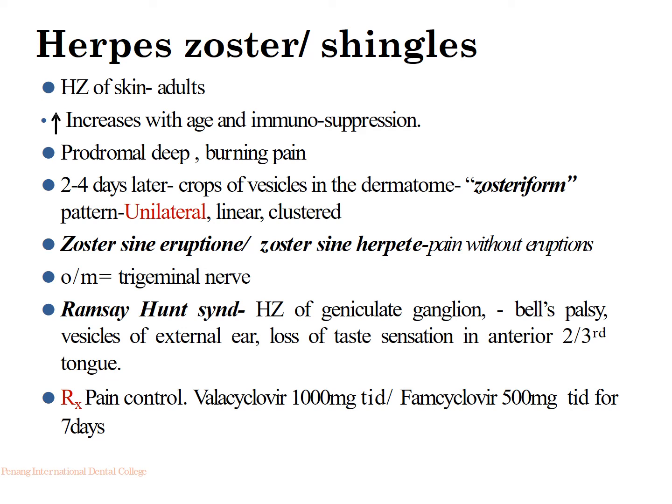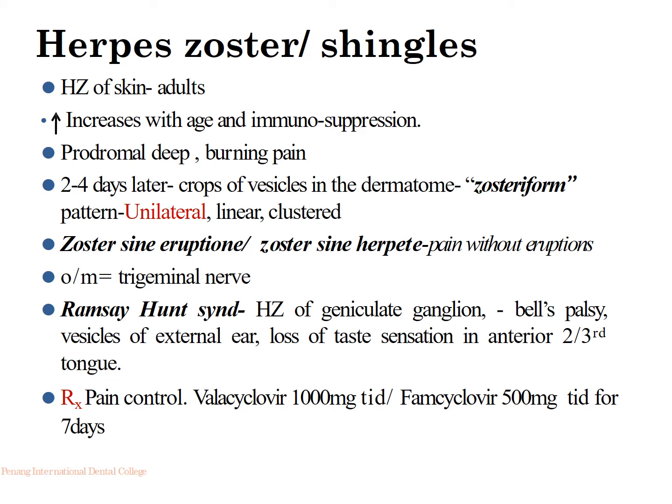What we mean by dermatome is the distribution of the nerve. So, the skin along the distribution of whichever nerve is involved manifests with vesicles. This pattern of distribution is called a zosteriform pattern. It is very typical of herpes zoster infection, and the vesicles are generally unilateral, linear, and crusted.